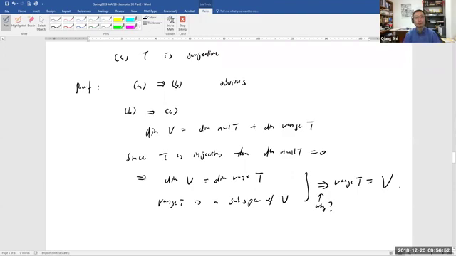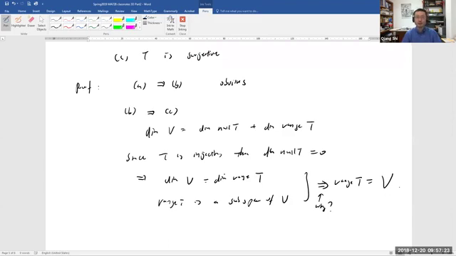The way to think about this is something we learned much earlier, probably in chapter 2. If there's a finite dimensional subspace, then you can have a basis for the range of T. But the number of vectors in that basis, by this condition, is equal to the number of vectors in the basis of V. So if you want to extend the basis of range T into a basis of V, there is nothing you can add because the dimension is the same.